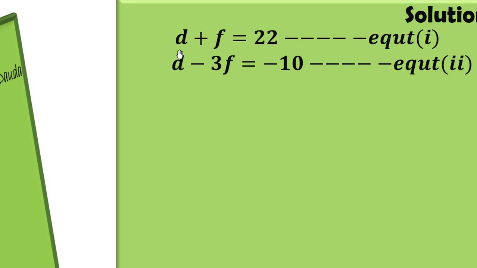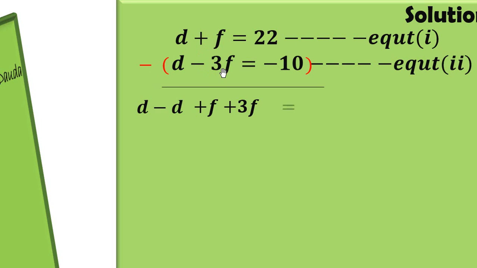What eliminates d is going to be a minus sign. So when you put minus in between the d, then d is off. Doing that, you have d minus d, this d minus this d, then you have plus f, minus minus 3f, multiplying this minus by this minus, making what? Plus 3f.